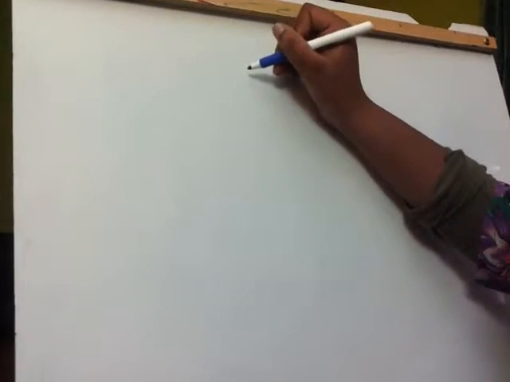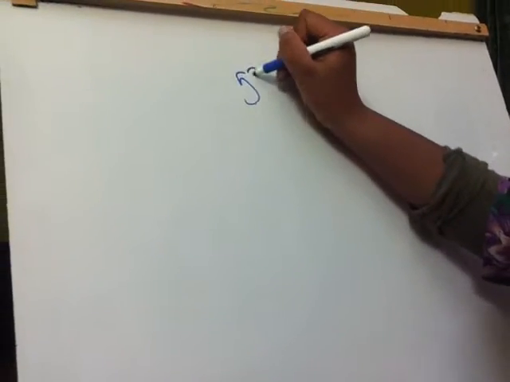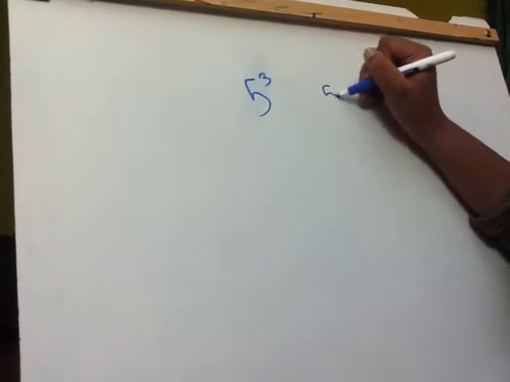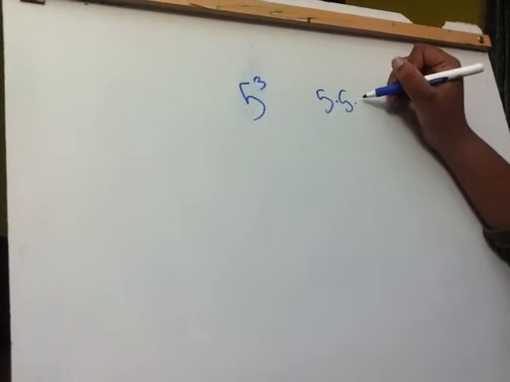Now, squares aren't the only exponents out there. There's every number you can think of. But with cubes, say 5 cubed, you have to multiply 5 by itself for a total of 3 times.